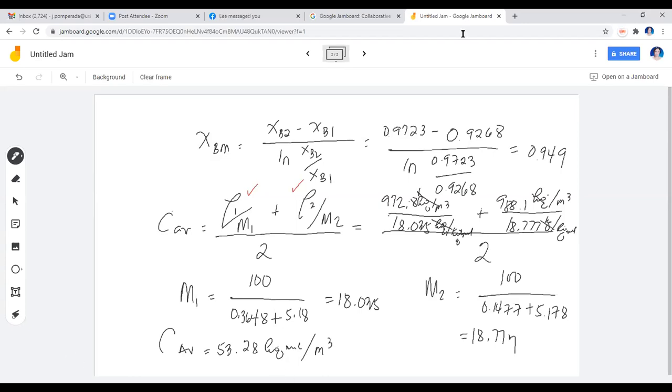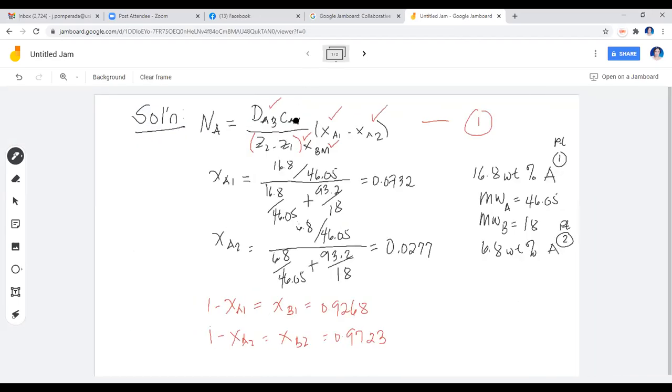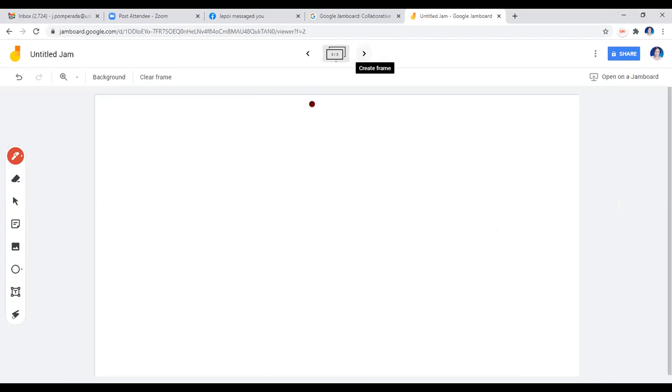Now we have the CAV. That's the only thing that remains here to be determined. So we have it here. So now we can substitute for the flux of A. So we have NA is equal to DAB, and we have CAV, the average molar concentration, by the way.